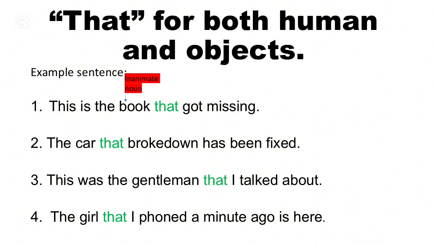This was the gentleman that I talked about. Gentleman is referring to a human entity, so you could conveniently use that to refer to gentleman. So that, as I said, is so easy to deal with because it goes for both human and non-human entities.